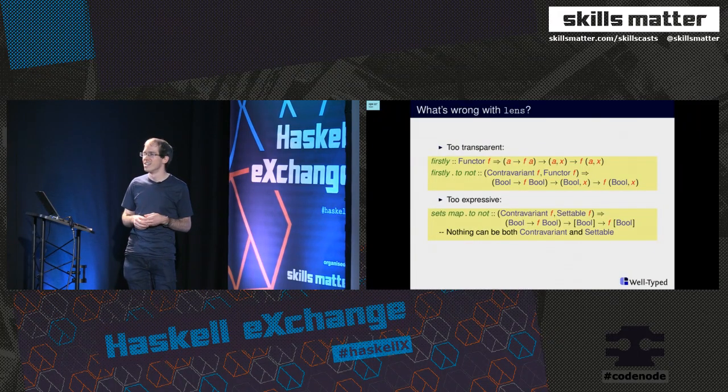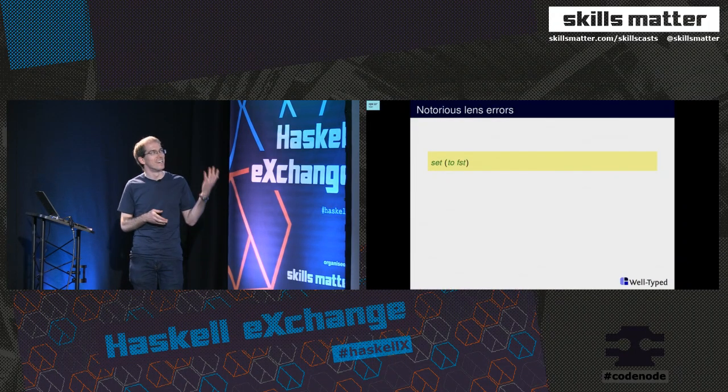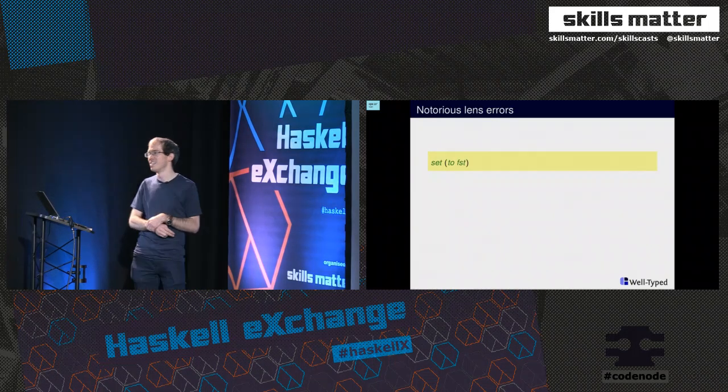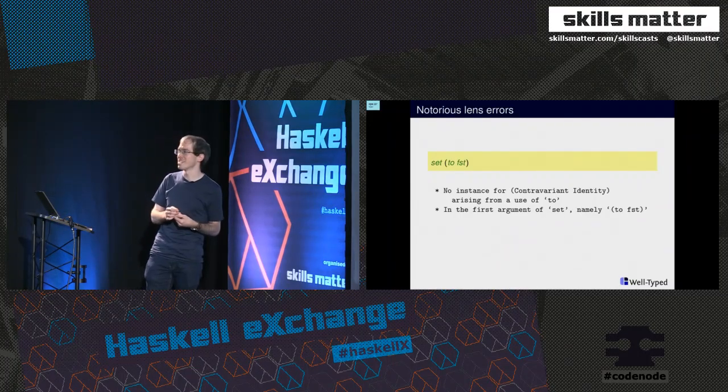I mean, so thinking more about the kind of errors that we're getting, some of these have become a little notorious, but here's a simple example. If I try applying the set function to a getter, in this case to first, well, what's the error message that I'm going to get? No instance for Contravariant Identity.